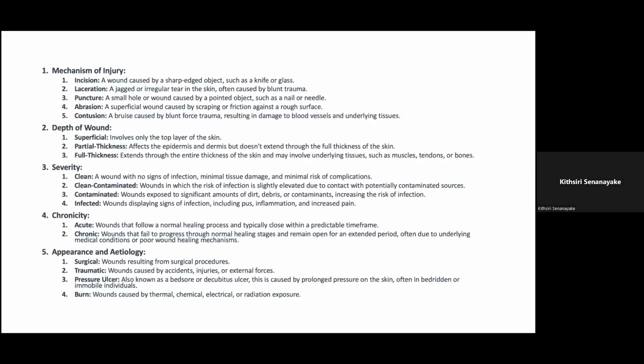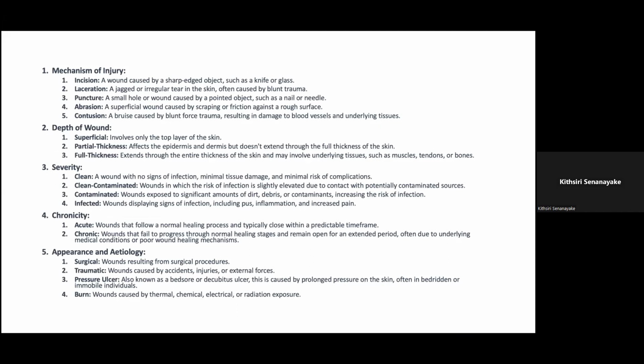Right. So first of all, we will talk about the wounds a bit. First we need to classify the wound and identify the types of wounds. There are so many classifications, so I'm not going to discuss all of them.